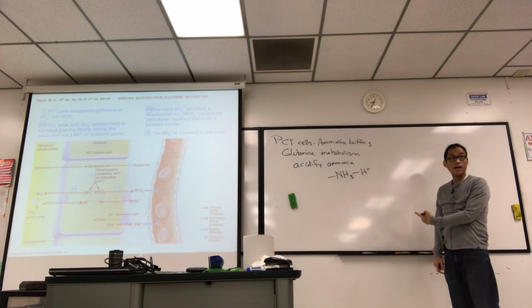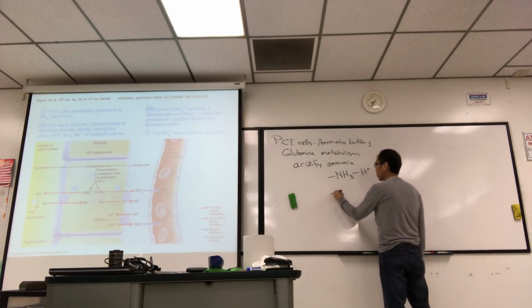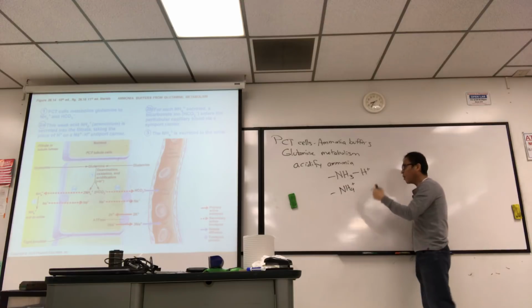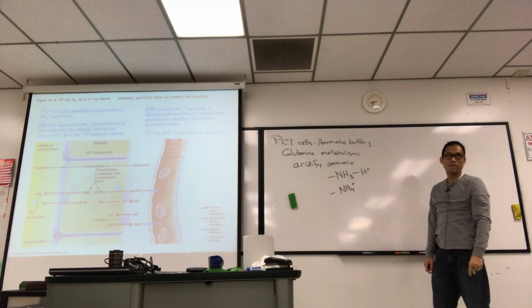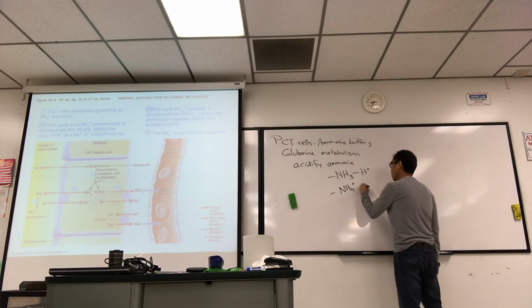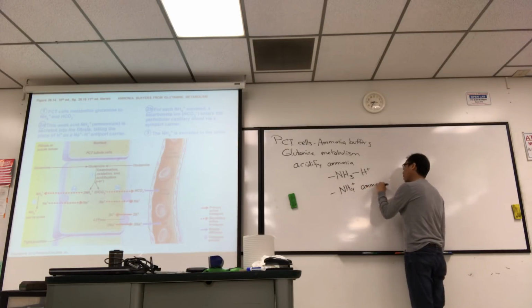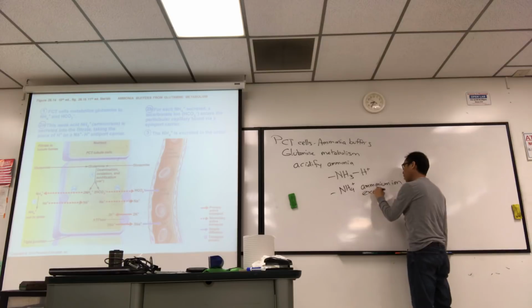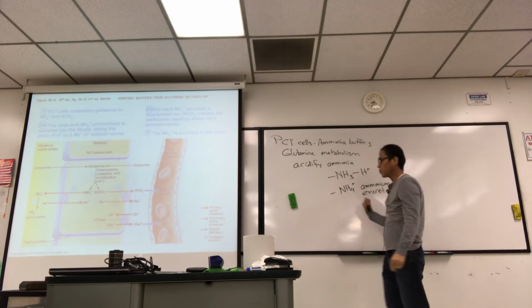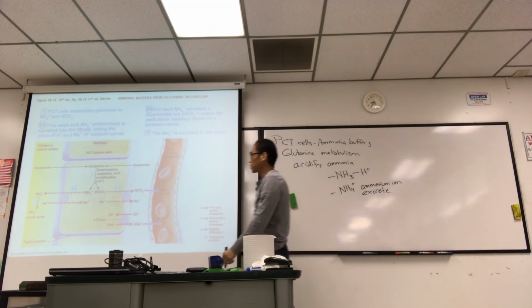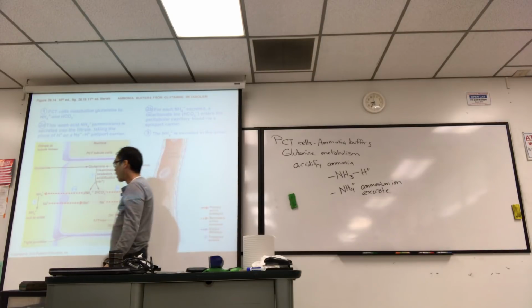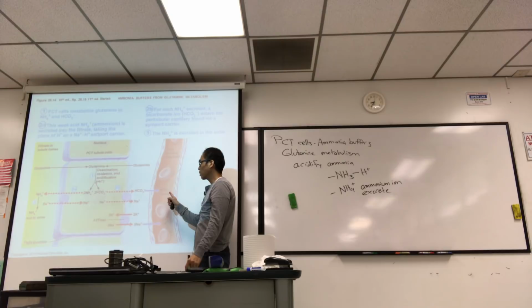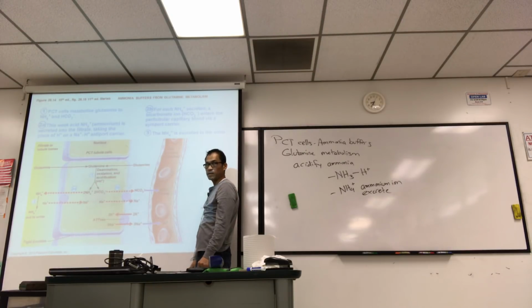Because you can excrete that. That's an ammonium ion. That you can excrete. So if you look at the figure, on the one hand, you excrete the ammonium ion, and on the other hand, you reabsorb a new bicarbonate ion.